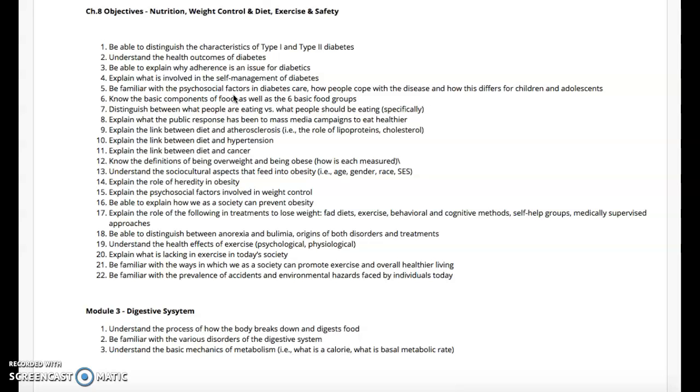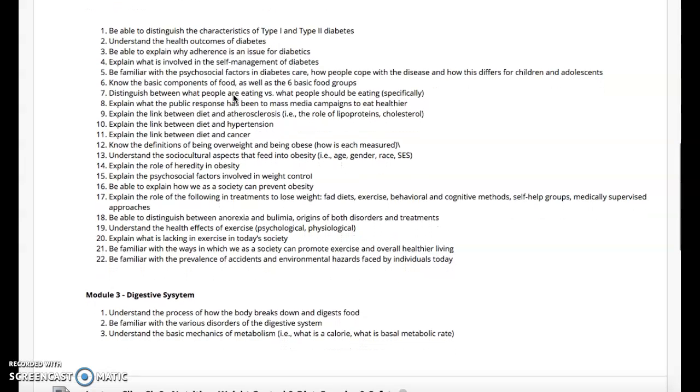So family issues, access to medical care issues, health literacy, income, education, how all of those types of things affect how people cope with the disease, and how it differs based on whether somebody is a child or adolescent versus an adult with diabetes. So there's a good deal of time spent on that illness.